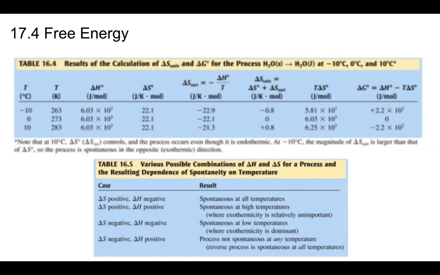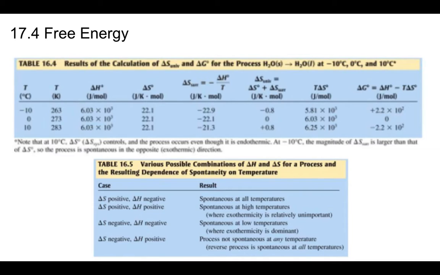So then if we add the delta S of the system, 22.1, to the delta S of the surroundings, negative 22.9, we find that the delta S of the universe is negative 0.8. So we get a negative delta S in the universe. That means that it is not thermodynamically favorable to melt ice at negative 10 degrees.